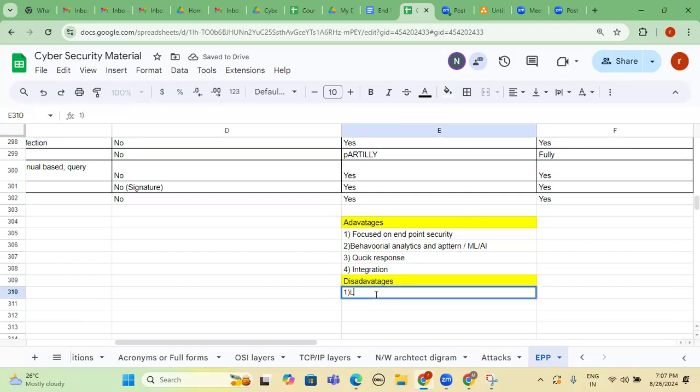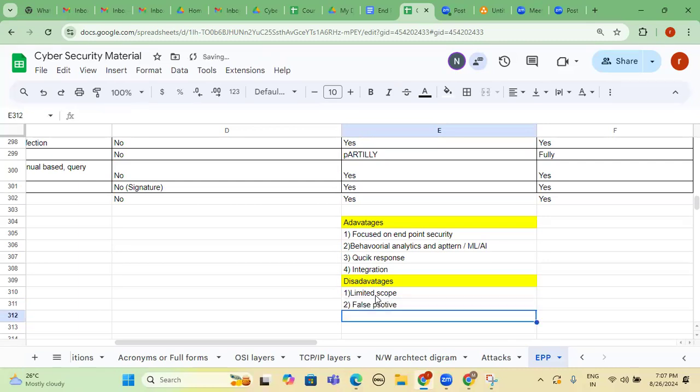So limited scope only, nothing but it will not take care of network based detection and automated SOAR capability. There are a lot of false positives that will appear. Why? Because it's a behavioral pattern. In the similar way, it is a reactive approach instead of a proactive one, because it understands based on behavior, so a couple of times we are not sure whether that incident really happened or not.